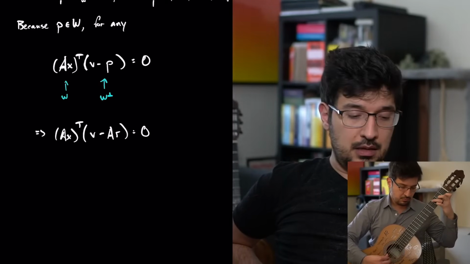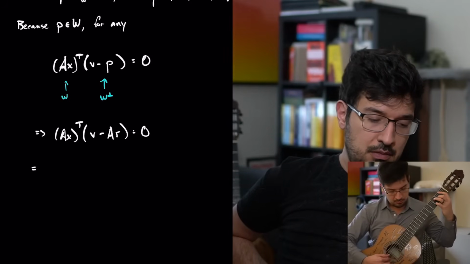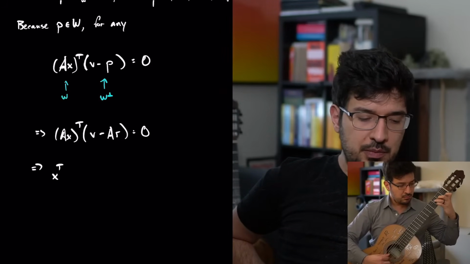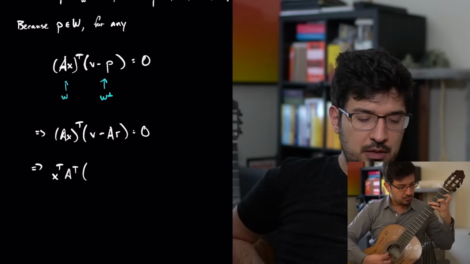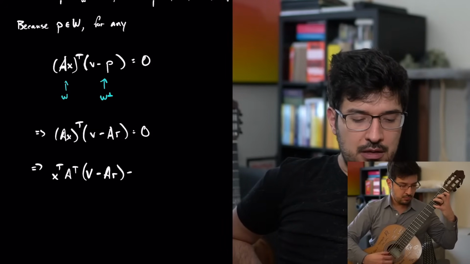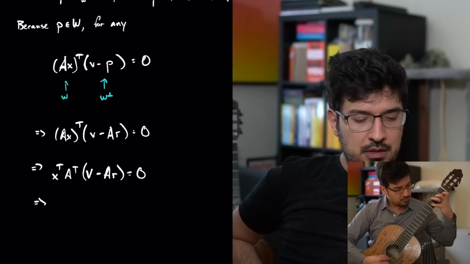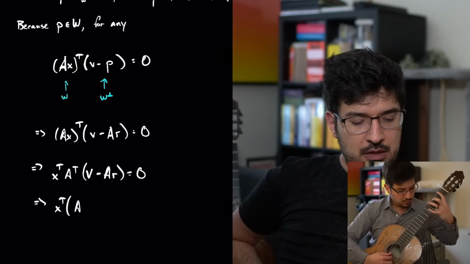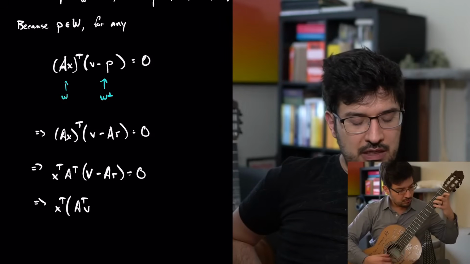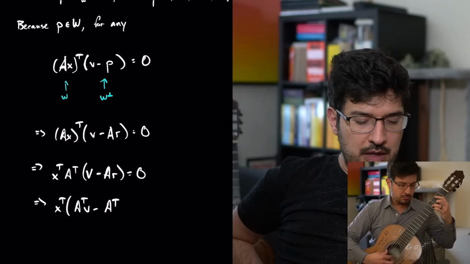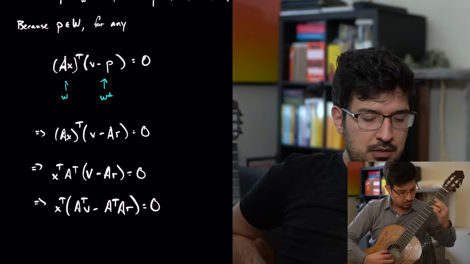Then by properties of the transpose, we have X transpose A transpose times V minus A R equals 0. Therefore, X transpose times A transpose V minus A transpose A R equals 0.